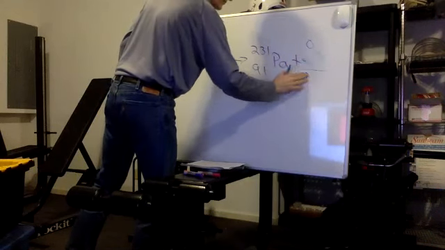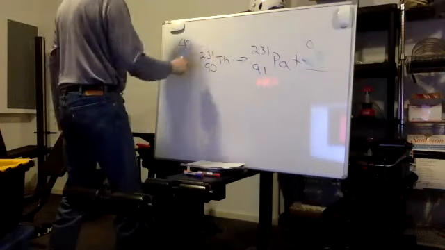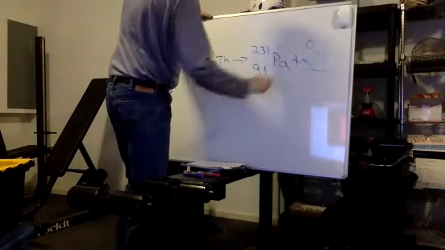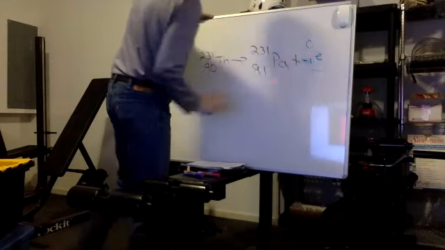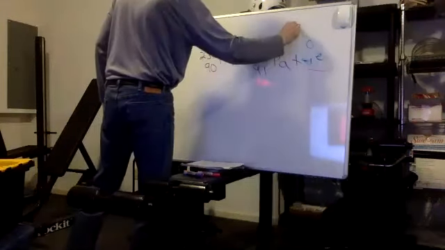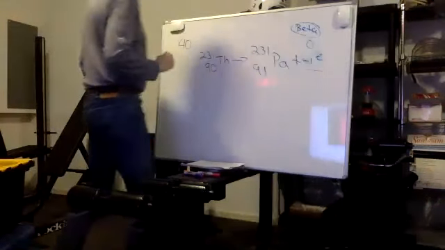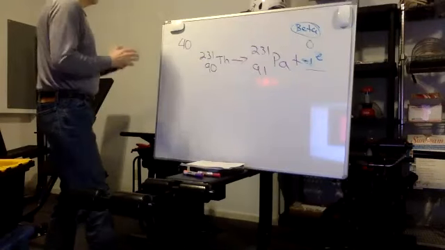I was going with a positron. It's 91 minus 90, which would be -1. That's going to be a beta particle. I was going to stick a positron in there. Now that's a beta for number 40.